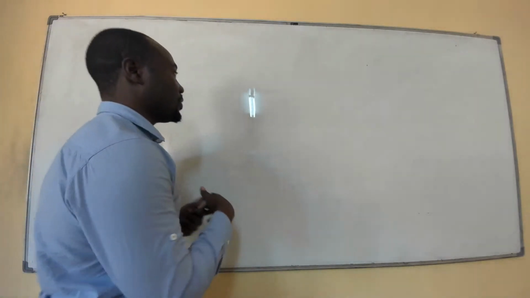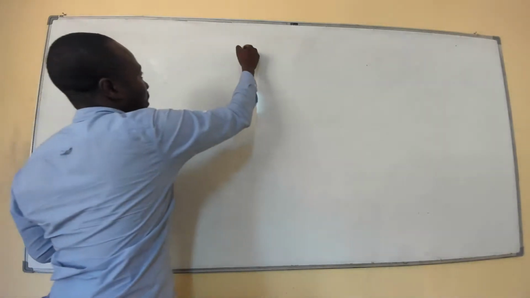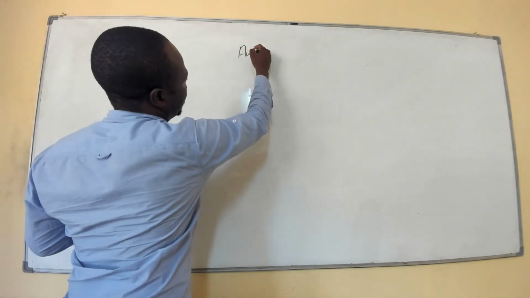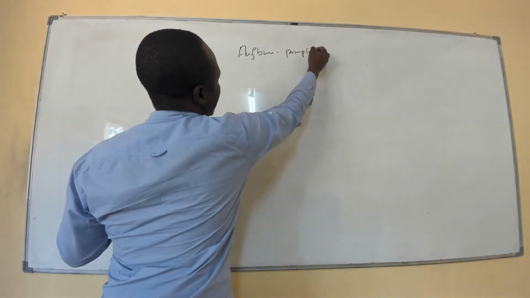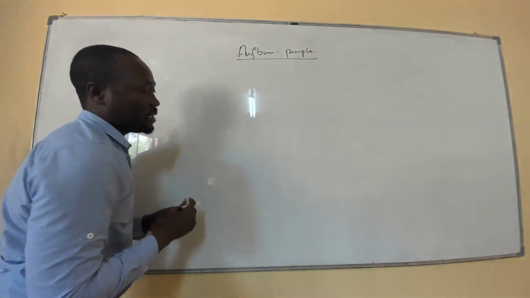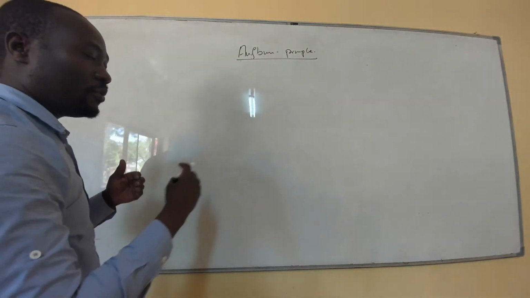So the principle that we use basically is what you might call the Aufbau principle. This helps us to align the orbitals.